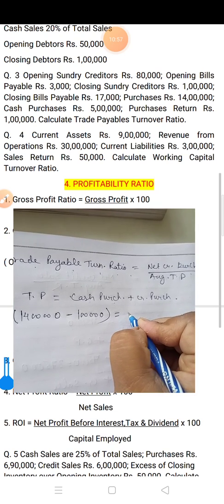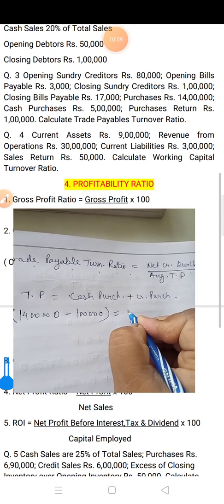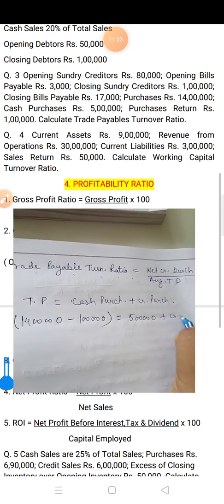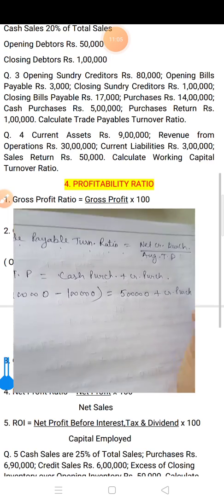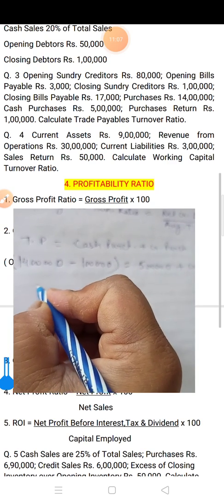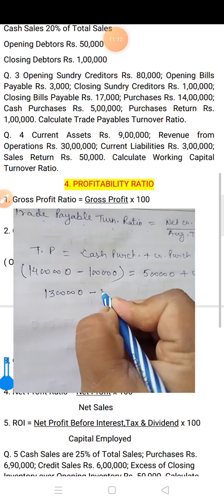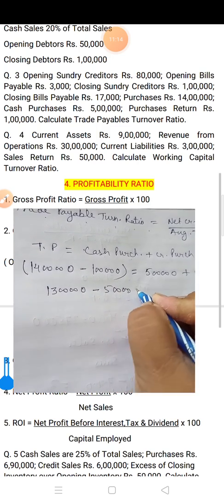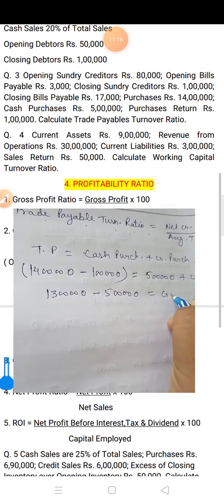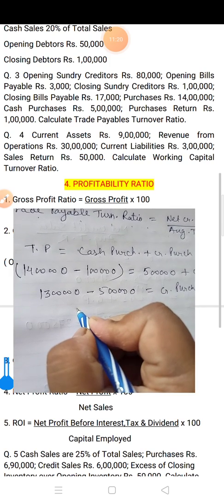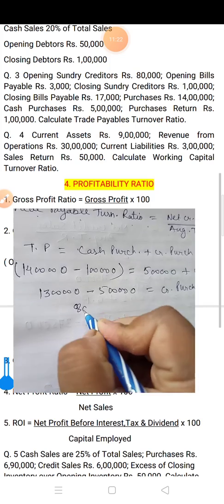Cash purchases amount is 5 lakh plus credit purchase. This you have to calculate. Now it is 13 lakh minus 5 lakh is equal to credit purchase. So the credit purchase value is 8 lakh.